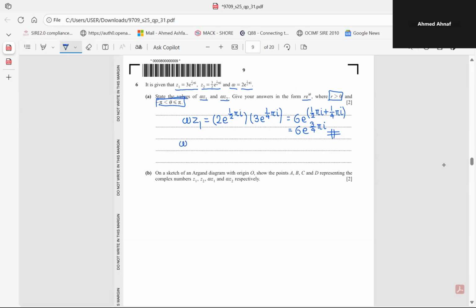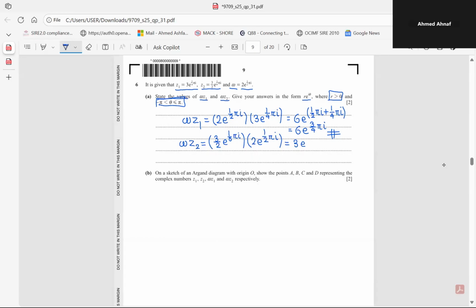Now let's find omega times z2. Okay, so same process. 3 over 2 times e to the power of 1 over 6 pi i times 2 times e to the power of half pi i. So here 3 over 2 times 2, that's 3.